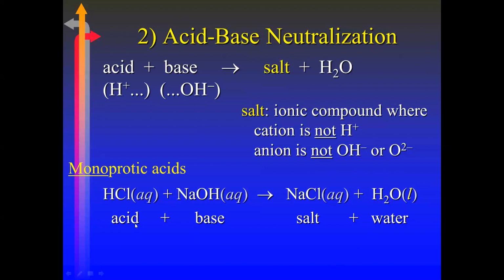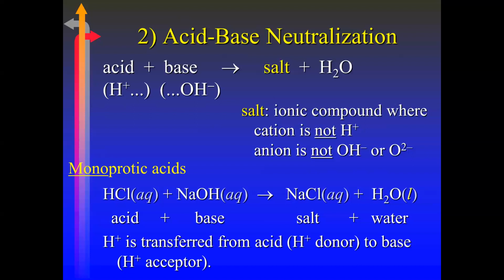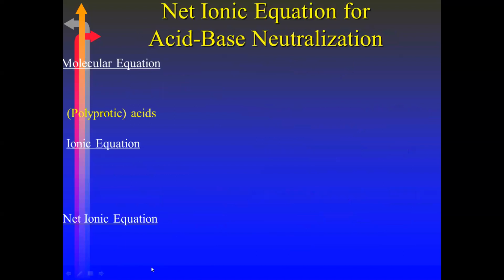In this reaction, this is acid and this is base. This is salt, what we eat in our kitchen. You can buy it from the supermarket. So in this case, the hydrogen ion is transferred from the acid, the donor, to the base, the hydrogen acceptor. So this is called an acid-base neutralization reaction.